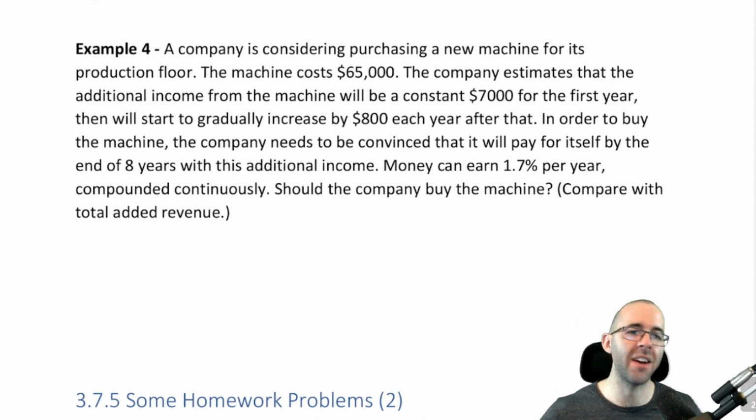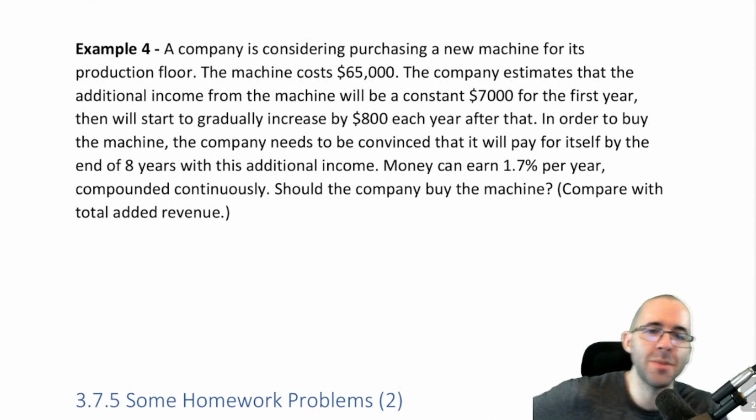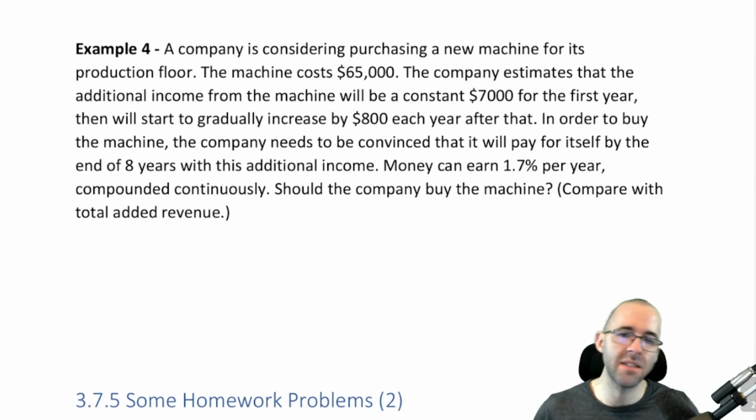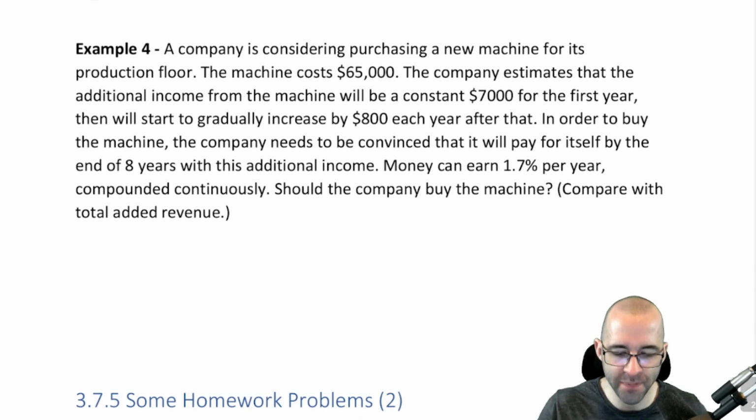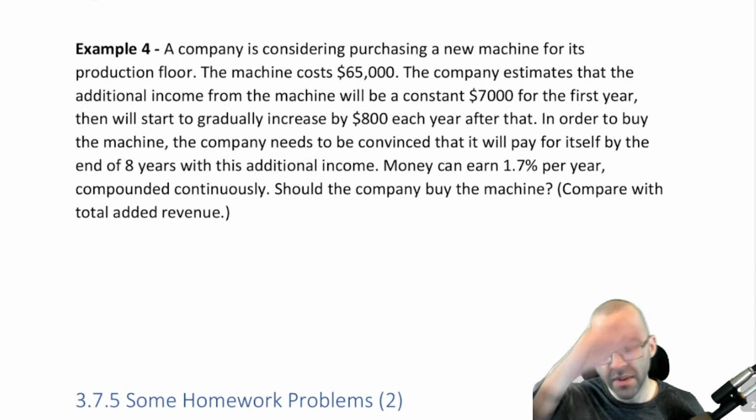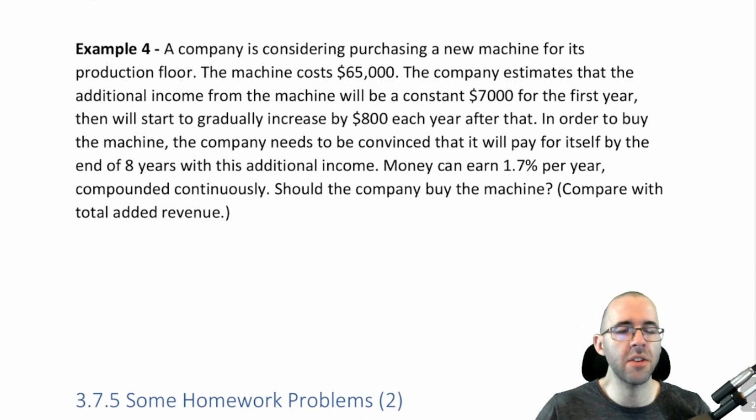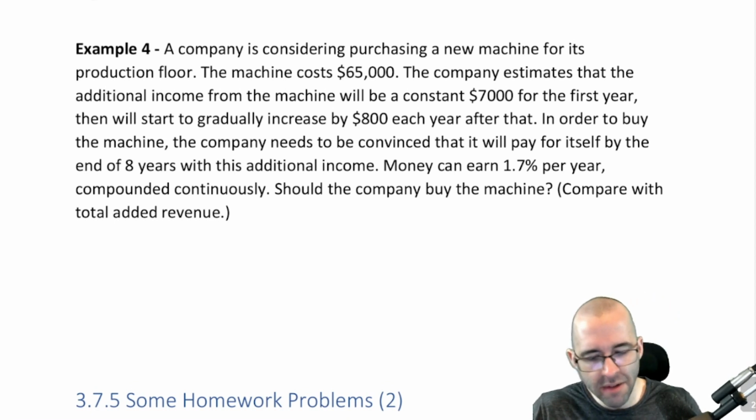And again, we're going to compare the present value of this machine with its cost. And we can also compare this with the total additional revenue from this machine. So here, our revenue function's a little bit more confusing, because our revenue function, F, is how much additional revenue it gives us in dollars per year.